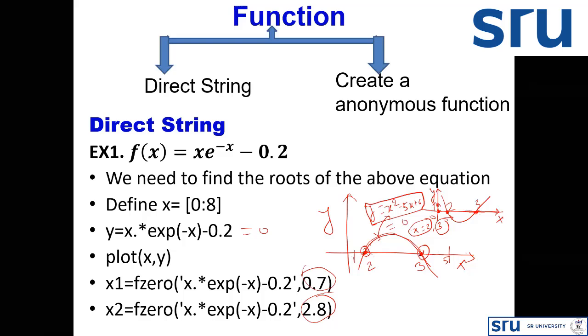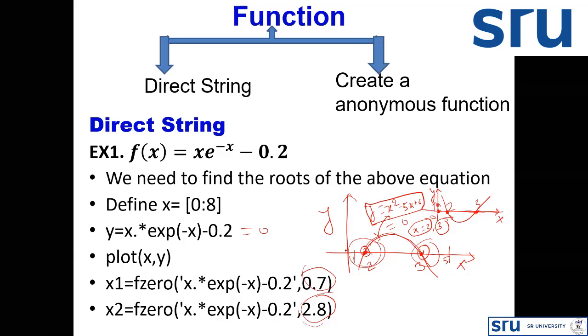For this equation, I have taken 0.7 for one root and 2.8 for another root. You can take other values also, 0.6 or 0.9 or 0.8, no issue. You just have to take values near about this.